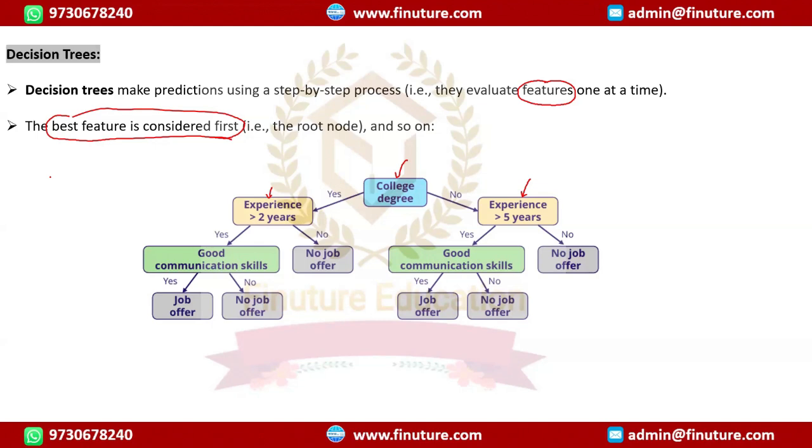Gini measure is a quantification of how your decision tree is performing. And if I add a few more parameters like experience, how is my Gini measure changing? That's what we are discussing, and it's kind of an accuracy. Gini helps you measure the accuracy of your decision tree.